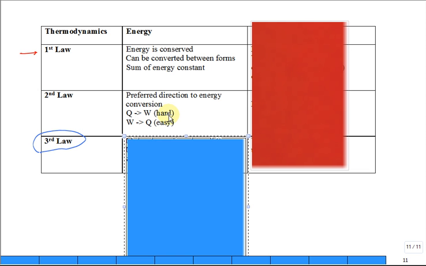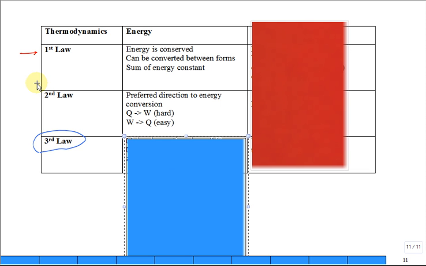You just can't convert 100% of the heat into work. But you can convert 100% of work to heat. That's easy, it's friction, and we often want to avoid that in real systems. So the second law is a statement on the limitation of the transformation of energy between forms, and you get the notion of some forms of energy being more valuable than others.